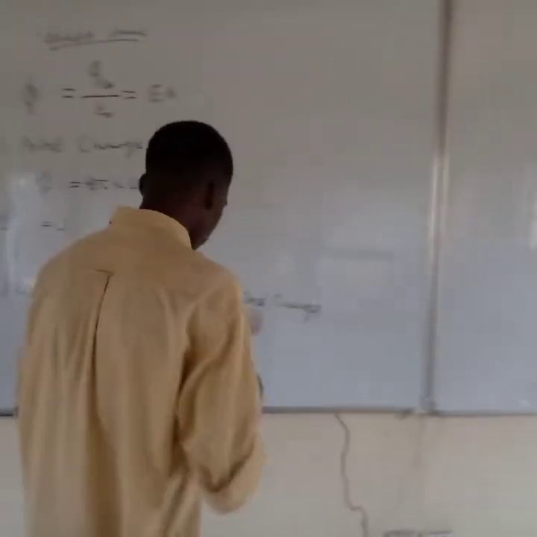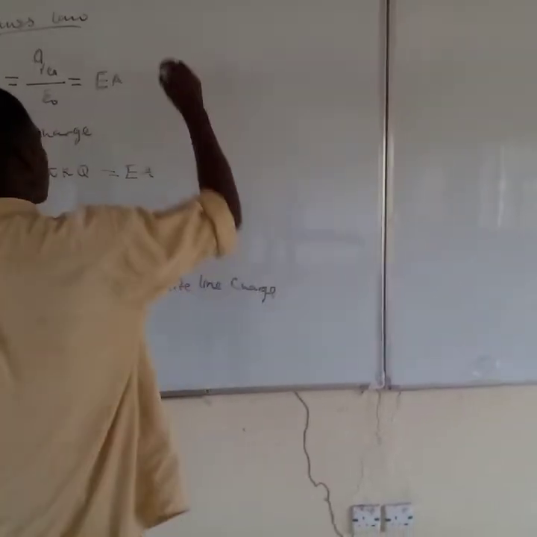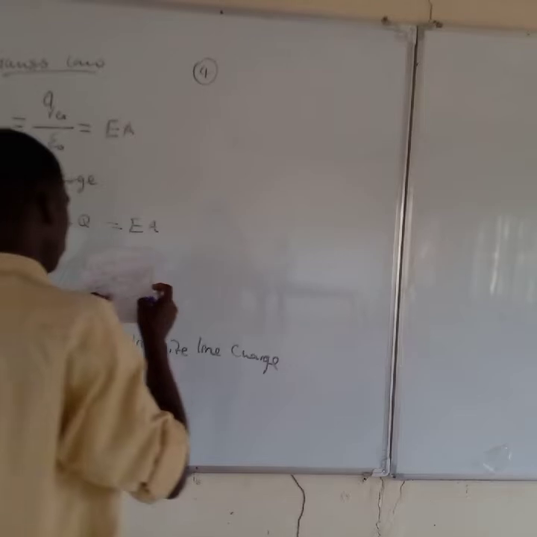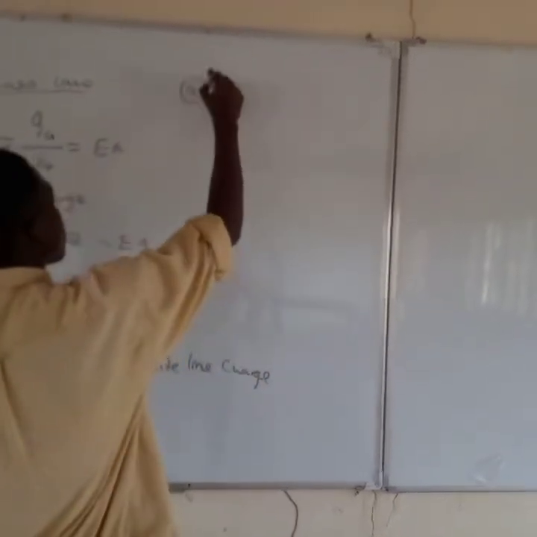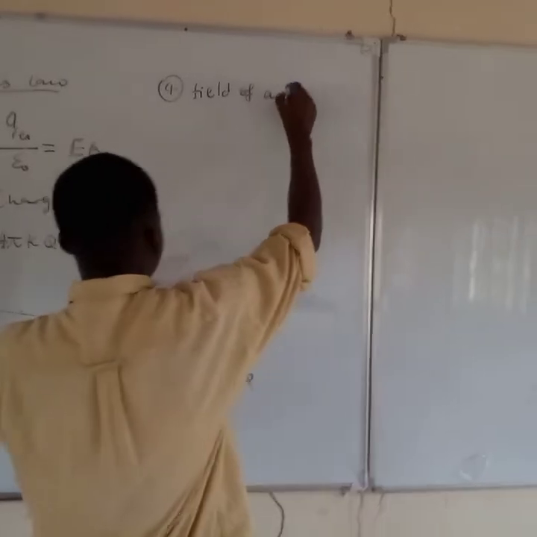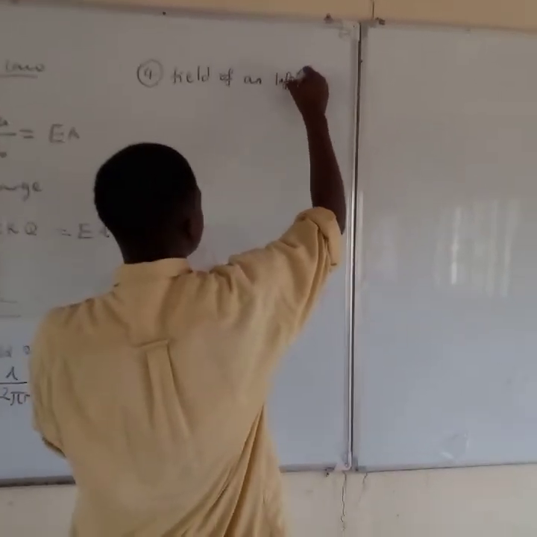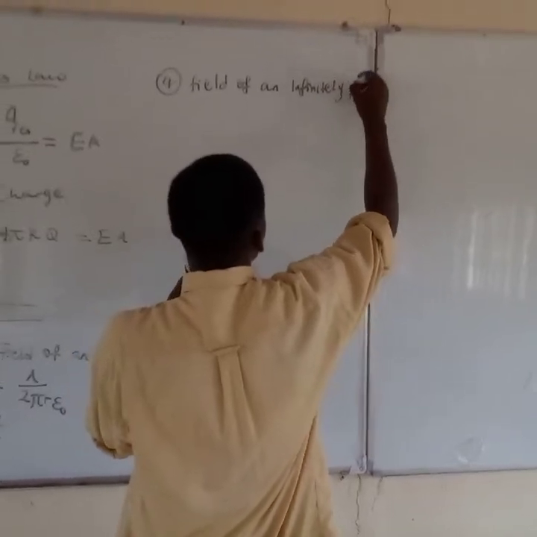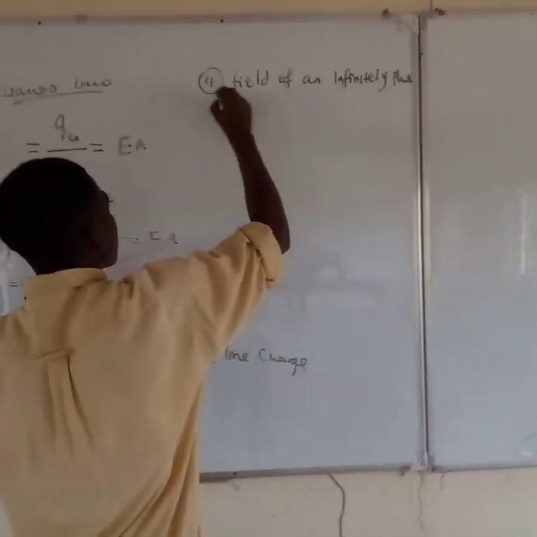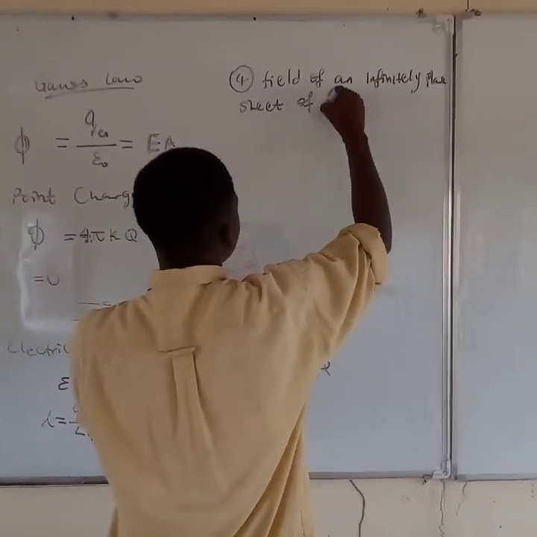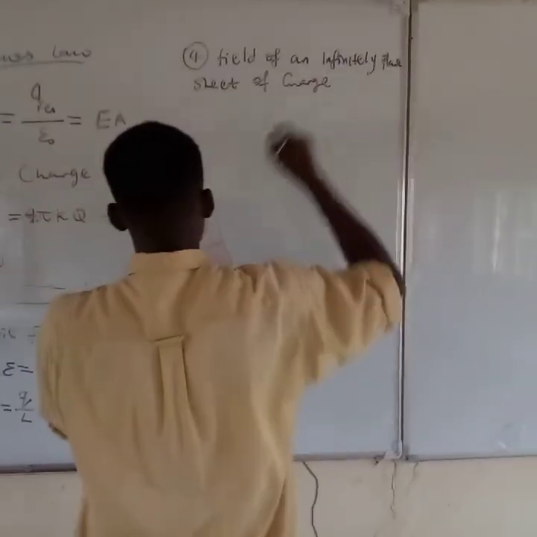Number 4, I think this is the summary of Gauss law, is the field of an infinite plane sheet of charge. Make sure you are writing those things down.